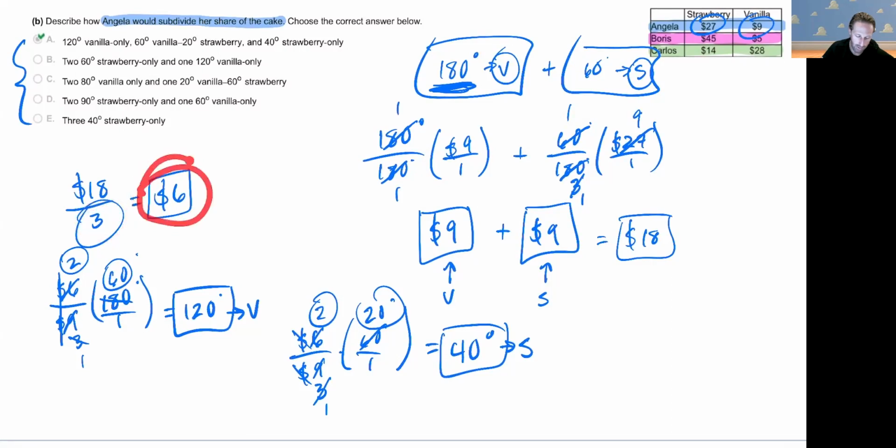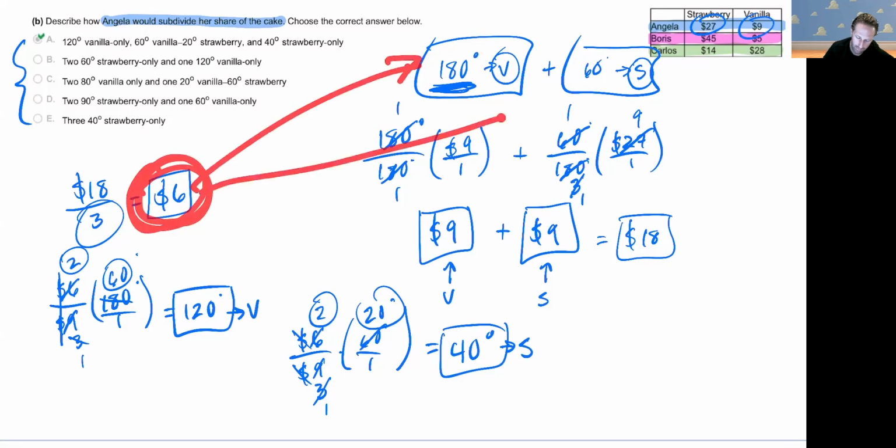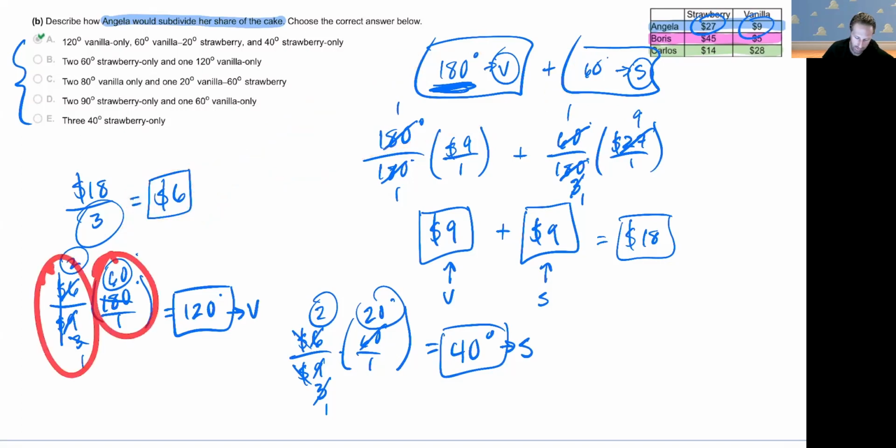So now that we know the fair share value, we could then take what we have for each of the 2 parts, vanilla and strawberry, for our slice S2, and figure out exactly how to cut those equally. And then that other third was the remaining part. Okay?